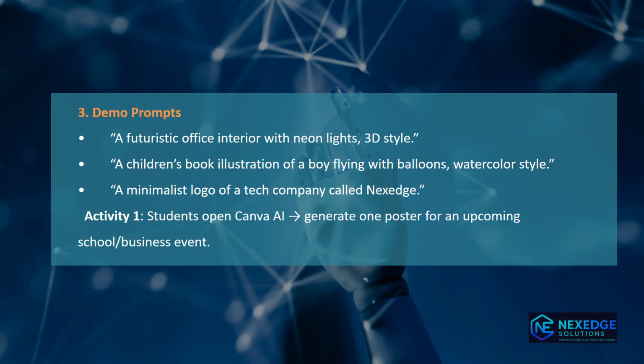And here's another prompt that you can use: a child's book illustration of a boy flying with balloons, watercolor style. So you are specifying what you want, that is, watercolor style. And the third one is a minimalist logo of a tech company called Nextage. If you practice these three demo prompts, you will see the results.